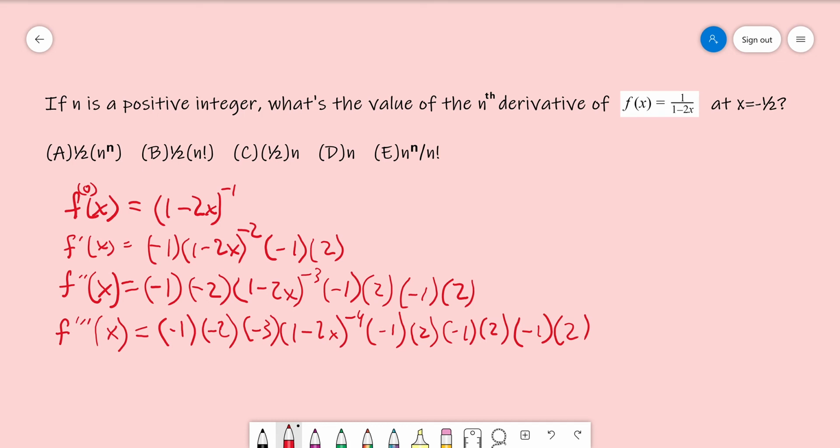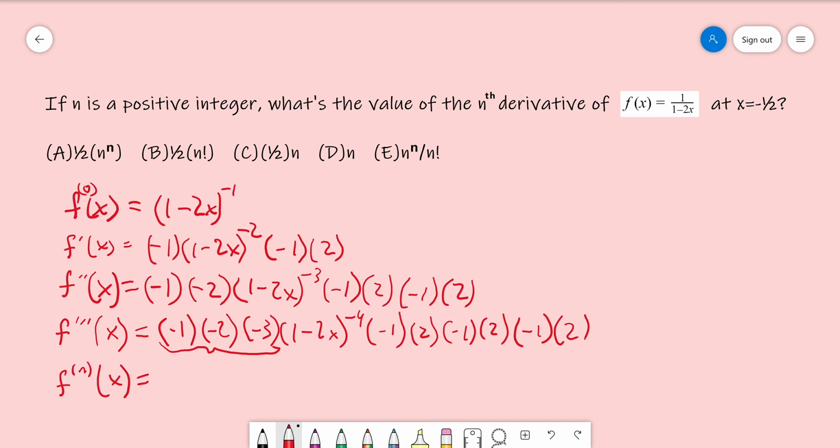I think we can write that the nth derivative of f of x is going to equal, well, here we're going to have negative 1 times negative 2 times negative 3.